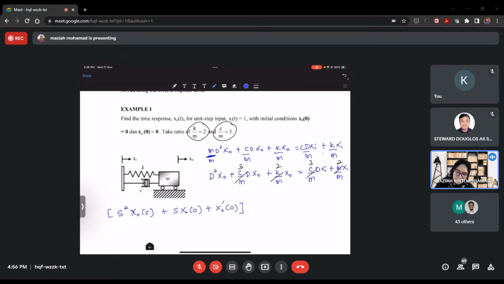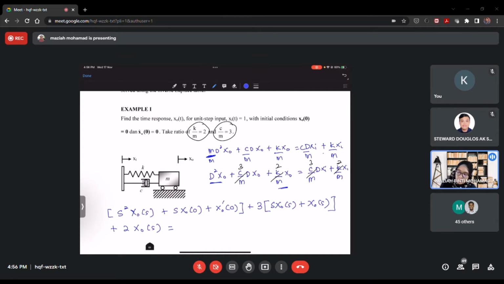That is the first term here. The second term is 3 multiplied with s x naught s minus x naught 0, plus 2 x naught s. That is for this term here, 2 x naught s.